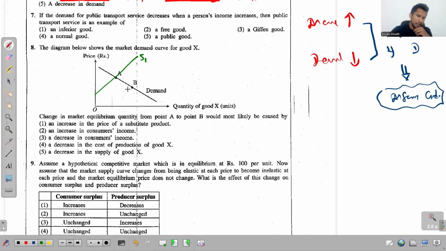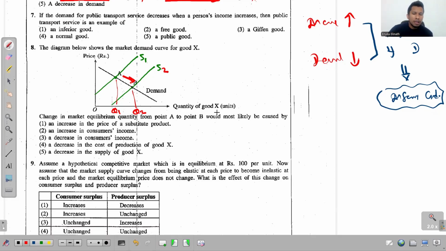And then this equilibrium changes from point A to point B, which means there is only one possible reason for that. What's that reason? The supply curve has shifted to the right side. Now this is the second supply curve. If the supply curve gets shifted to the right side, the equilibrium quantity changes from point A to point B.